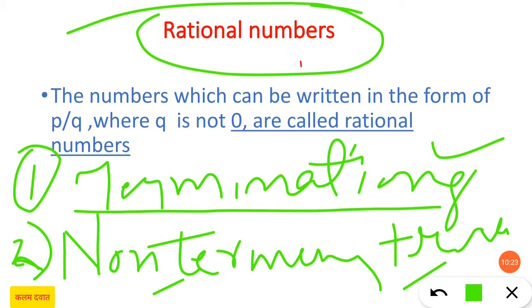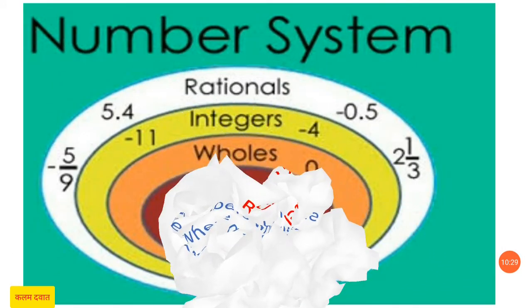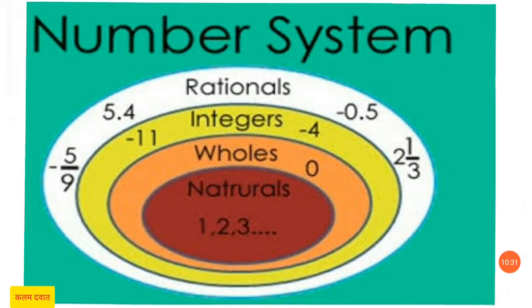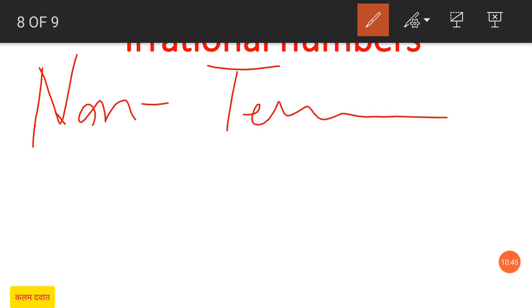So if these are rational numbers, what are irrational numbers? This I'll tell you afterwards. First, see irrational numbers. Suppose there are some numbers which are non-terminating, plus they are non-recurring also.